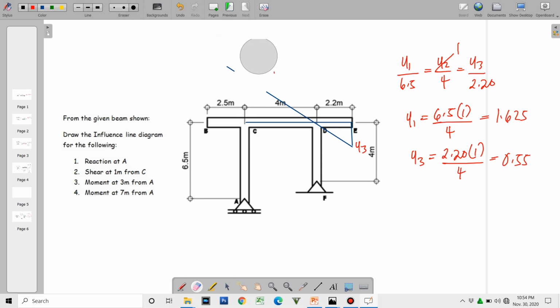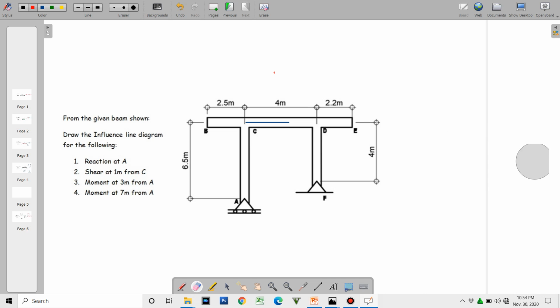Now moving on to the shear 1 meter from C. See, this is the point.